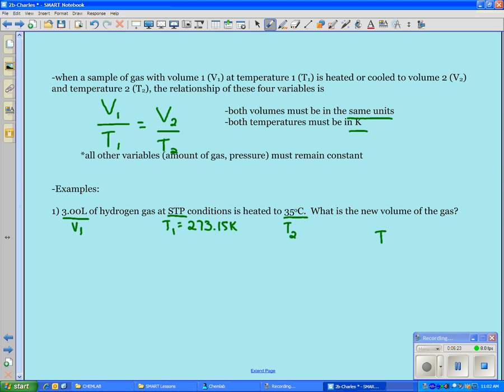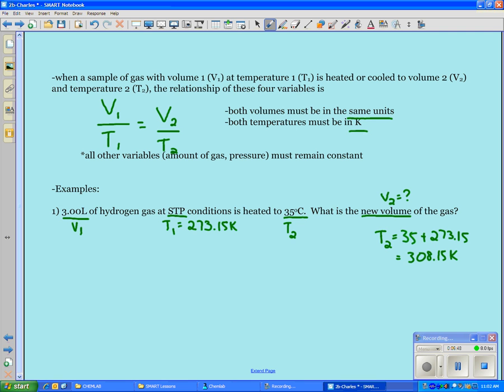So let's do that on the side. T2 is 35 plus 273.15, and that will give us our temperature in kelvins, so 308.15 Kelvin. Question is asking for the new volume, so what we're looking for in the question is V2.